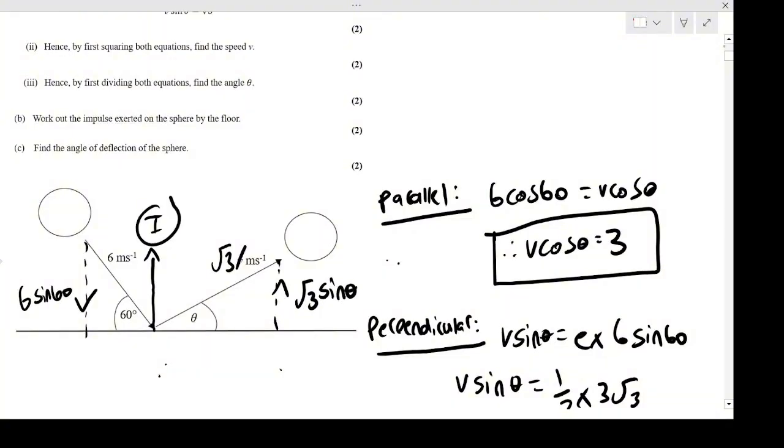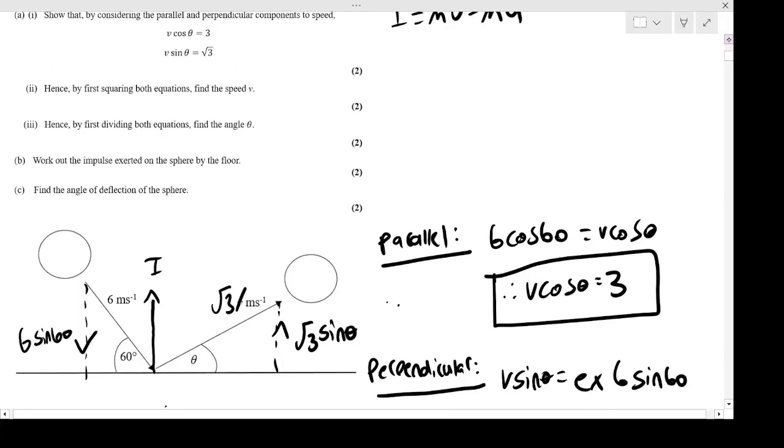So if I want to work out the impulse, because impulse acts perpendicular, therefore I need the perpendicular speeds, okay? So I do not consider just the speed 6 here. I need the vertical part. I need the perpendicular part. So impulse is going to be m lots of, well, for v, my final speed that's perpendicular is root 3 sine theta.